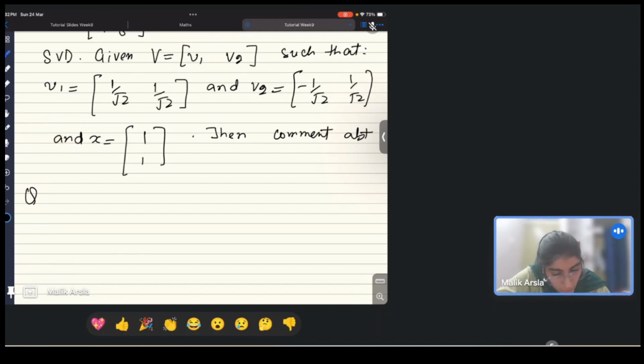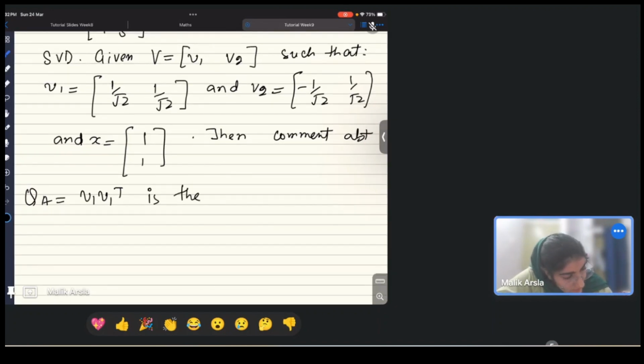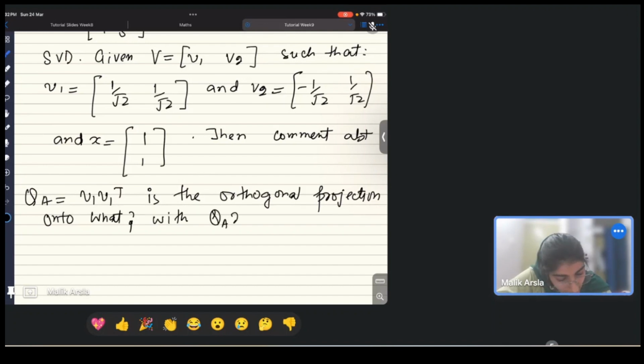Then we have to comment about QA equal to V1 into V1 transpose: is it the orthogonal projection onto what, with QA x equal to x?